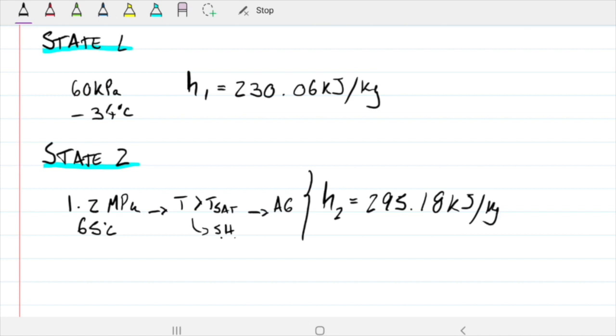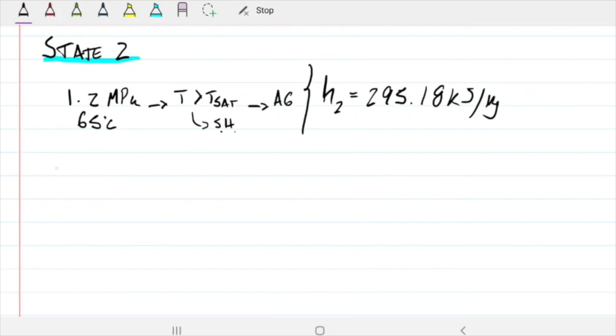And state 3, it's a similar process, but this time it's going to be a compressed liquid. We know this is 60 kilopascals, 1.2 megapascals, and the temperature is 42.